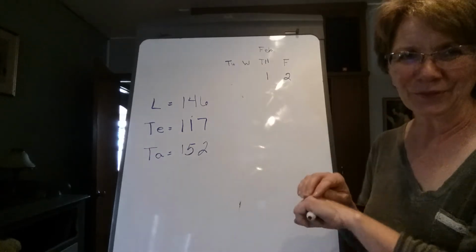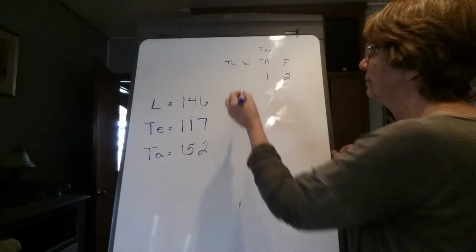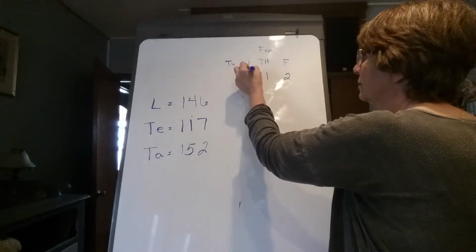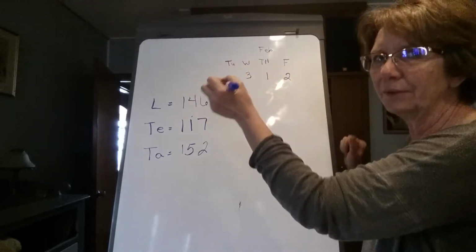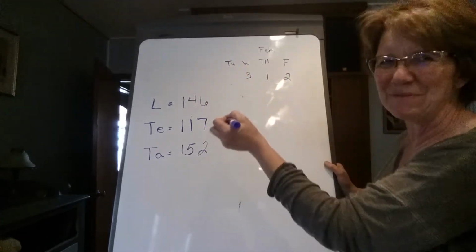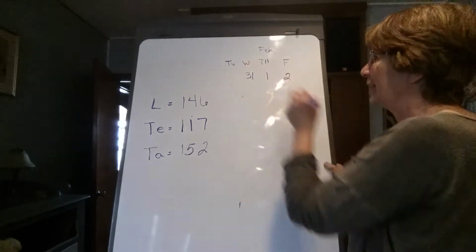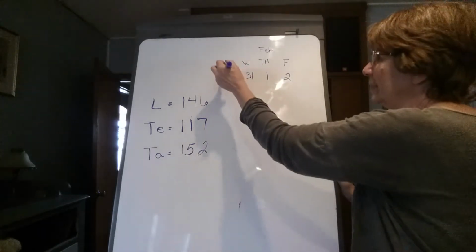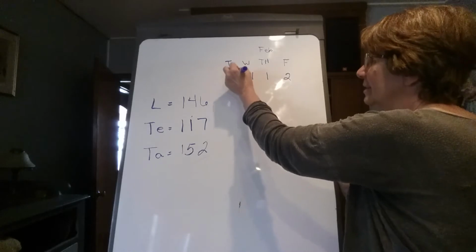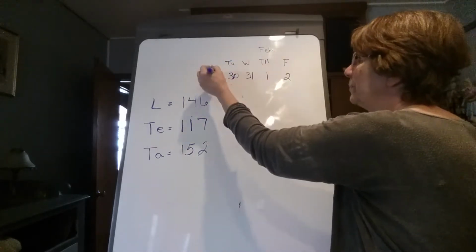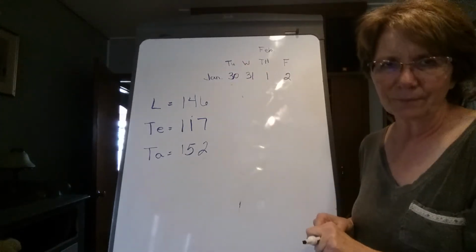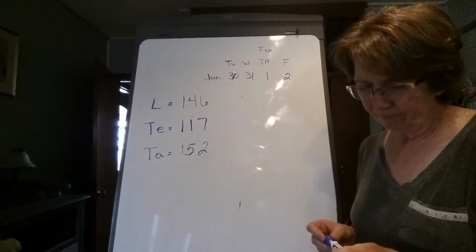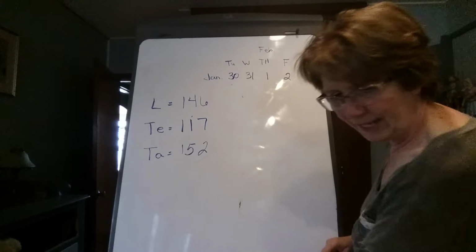There are 31. 30 days has September, all the rest have 31. I don't remember it. You guys can shout it at me. So the Tuesday is no longer February, but January 30th. Okay? All right, so much for example 1.